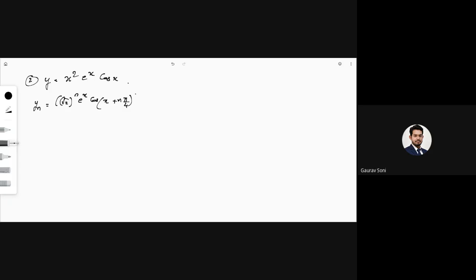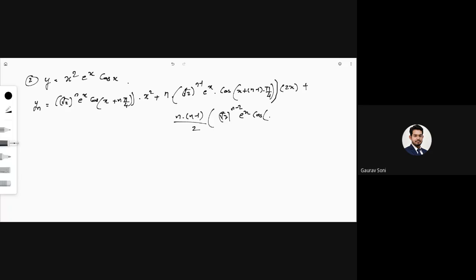Please check the calculations. Into x square plus n into root 2 raised to n minus 1 e to the power x cos of x plus n minus 1 pi by 4, into the derivative of x square, which is 2x, plus n into n minus 1 divided by 2 in bracket root 2 raised to n minus 2 e to the power x cos of x plus n minus 2 pi by 4, bracket complete.